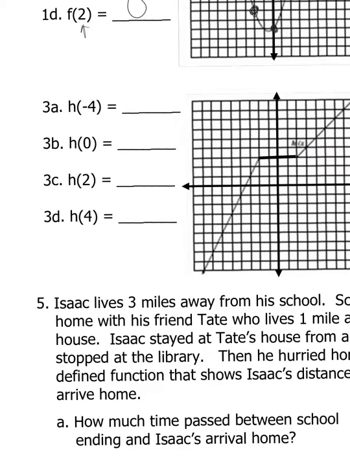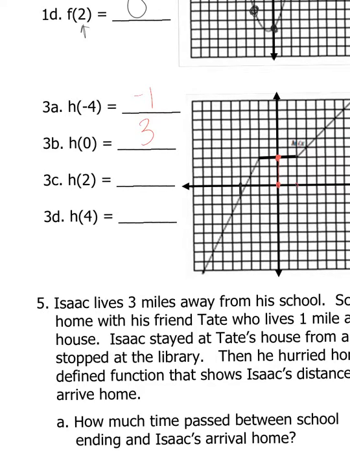Okay, on this one, I have h of -4, so I'll start at -4. That would lead me to this spot, so go down, which would put me at -1 there. If I'm doing h of 0, I'm here, which means I need to go up 1, 2, 3 to get to my graph right there, so up 3.